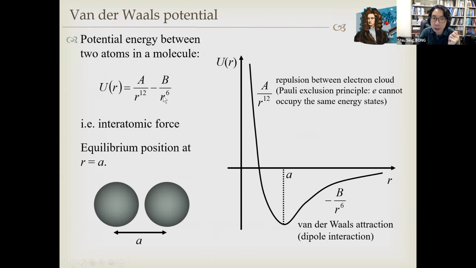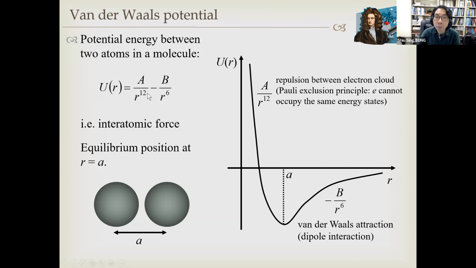Now you can see this van der Waals potential actually has a very strong dependence on distance. For the second term, which is attractive, you can see a minus sign here. It goes with distance as 1 over the distance to the power 6. So when the distance increases slightly, the force actually decreases a lot.